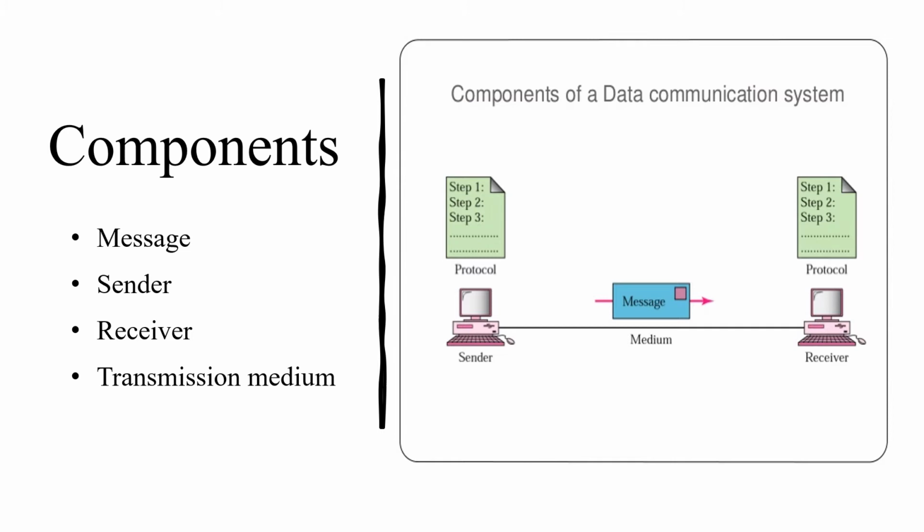Transmission media include twisted pair cable, coaxial cable, fiber optic cable and radio waves. The last one is the protocol. A protocol is a set of rules that govern data communication. It represents an agreement between the communicating devices. Without a protocol, two devices may be connected but not communicating.